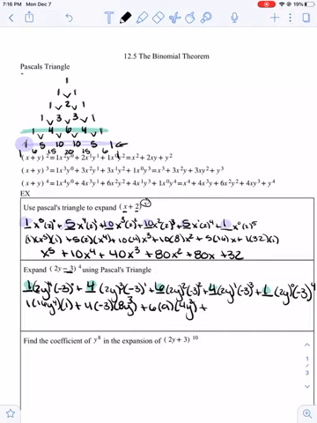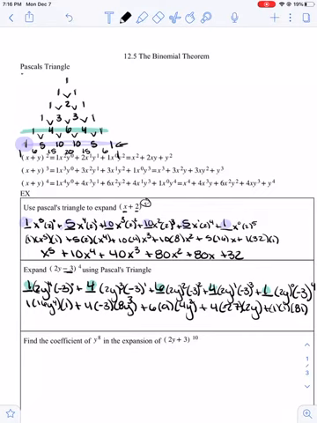And then plus 4 times negative 27 times 2y, plus 1. 2y to the 0 is just 1, so plus 1 times 1. And then negative 3 to the 4th power is 81.